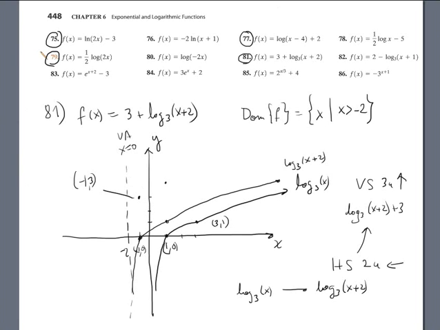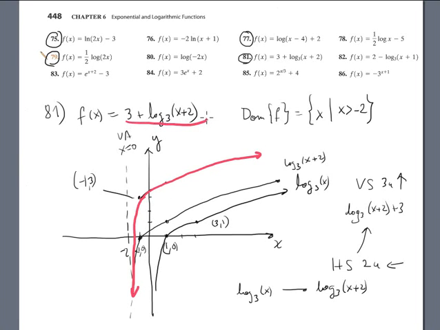Okay, let me use a magenta color and make the trace a little bit bolder. Okay, this is this.